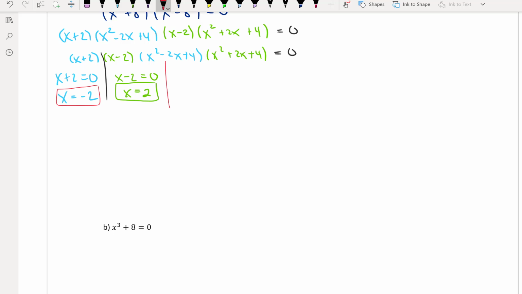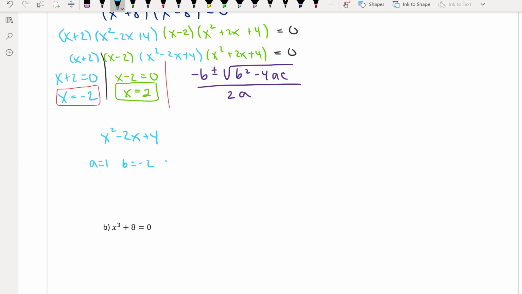That cannot factor anymore. So what I want to do is use the quadratic formula. So that's negative b plus or minus the square root of b squared minus 4ac all over my 2a. So if I'm looking at my x squared minus 2x plus 4, I have a is equal to 1, b is equal to negative 2, and c is equal to a positive 4.